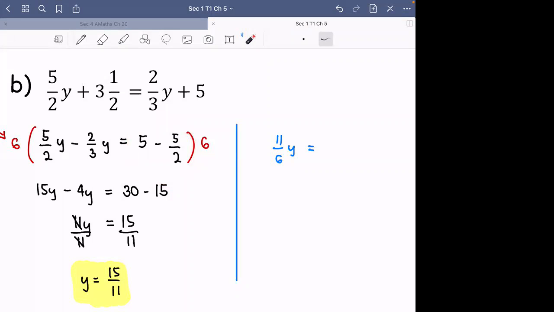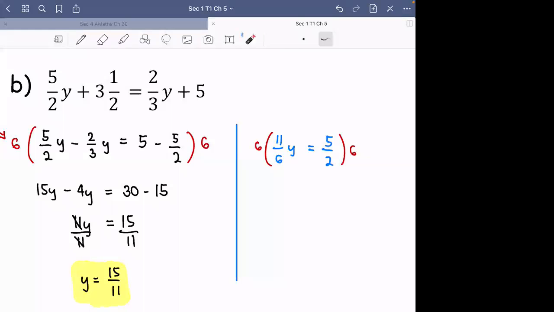It is 5 over 2. Now you can look for your LCD. Your LCD is still 6, of course.